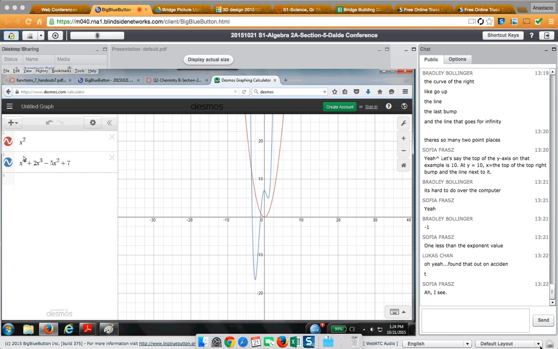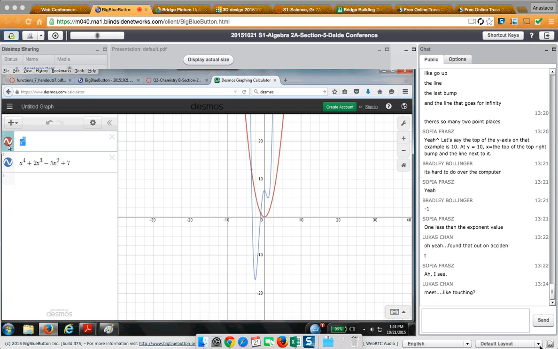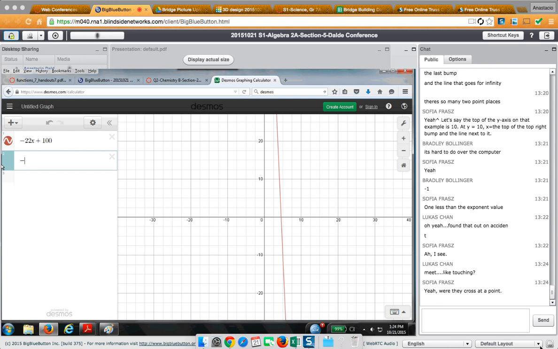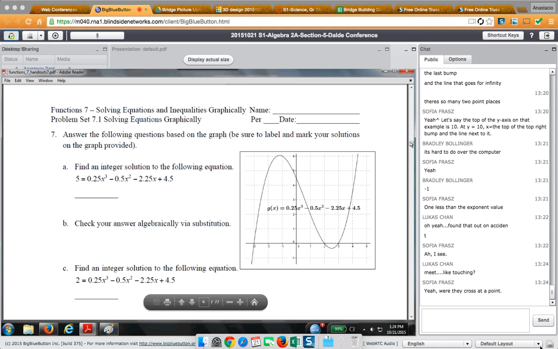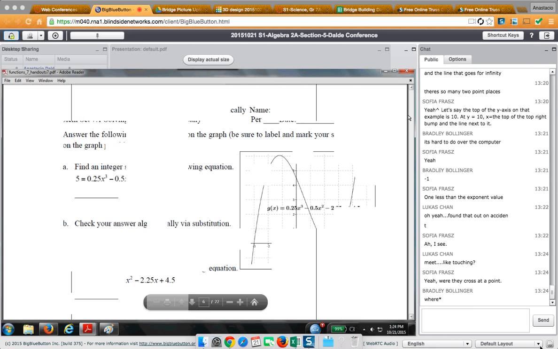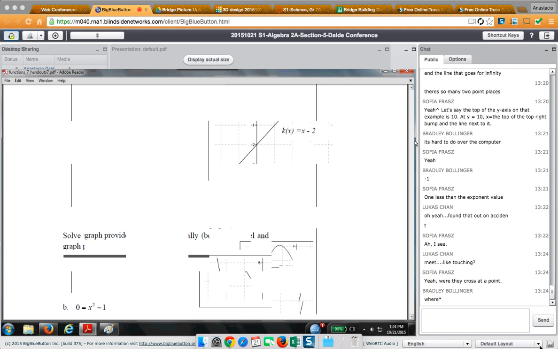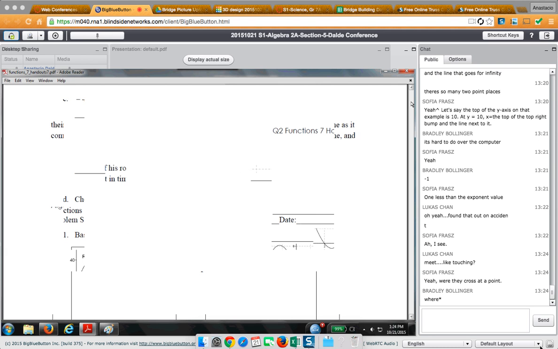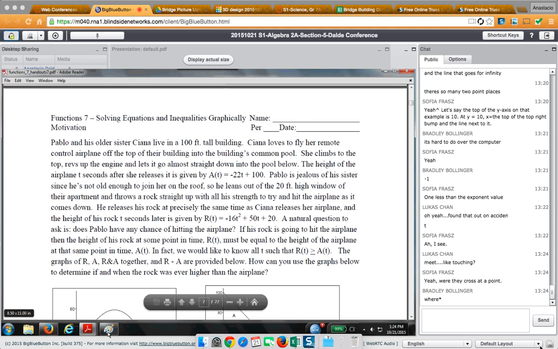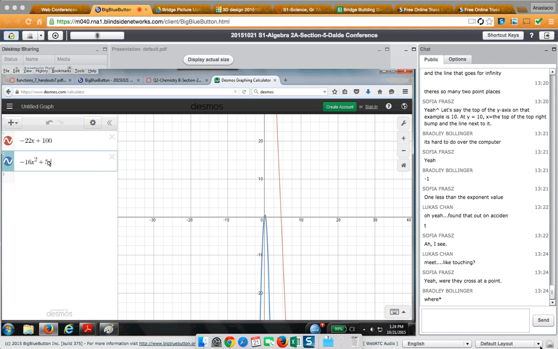In fact, that's kind of what we did in that one problem with Sienna and her brother Julio, where she was negative 22x plus 100, whereas his rock went at like negative 16x squared, plus 50x plus 20. What was it? Let's go back to it.